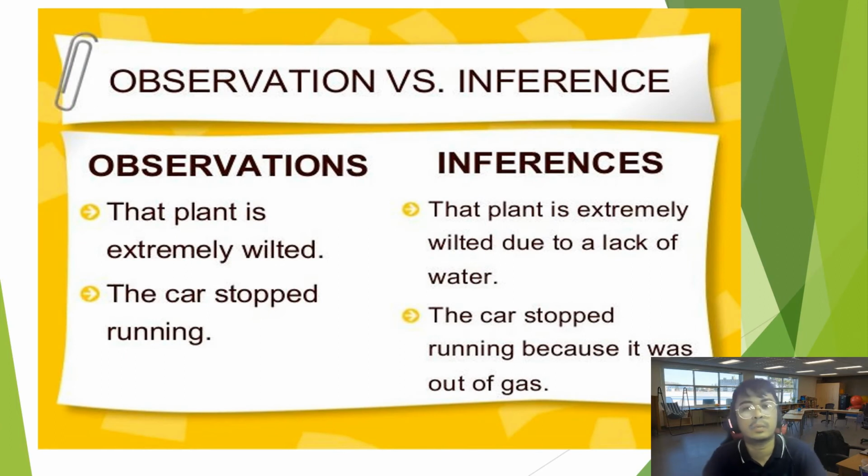Okay, for example, this one. For observation, you have this: that plant is extremely wilted. Okay, so that's an example of observation. So, for example, lanta yung plant, sobrang lanta. Okay, because you use your eye as your particular sense. But if you try to come up with an inference, this is how you will construct an inference: that plant is extremely wilted due to a lack of water.